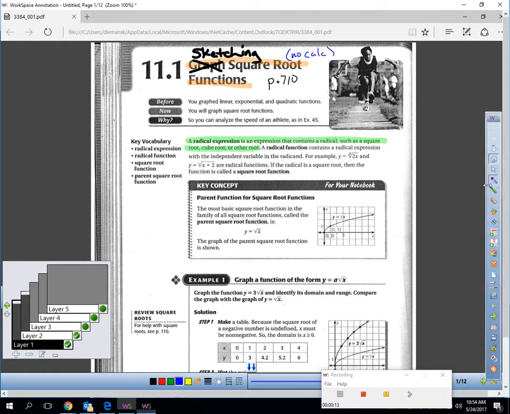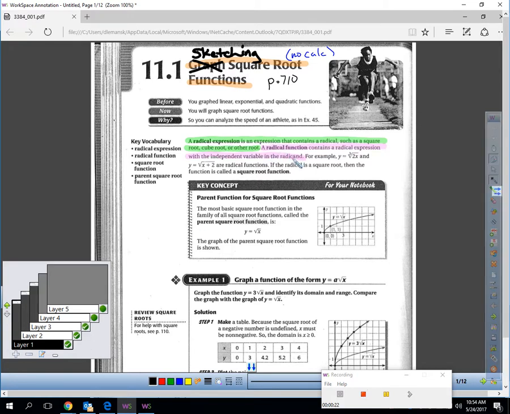Let's get our vocabulary out of the way first. A radical expression is an expression that contains a radical, such as a square root, cube root, or other root. So if you have a radical in the expression, it's called a radical expression.